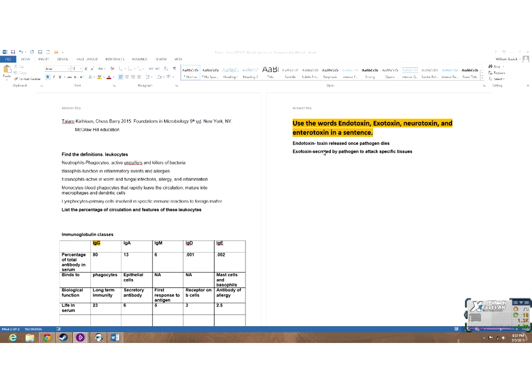Exotoxins are secreted by a pathogen to attack specific tissues. Like if it's a toxin that affects the nervous system, it's going to be a neurotoxin. If it attacks the GI tract, it's going to be an enterotoxin. Does that make sense?